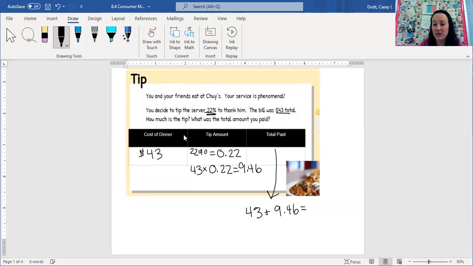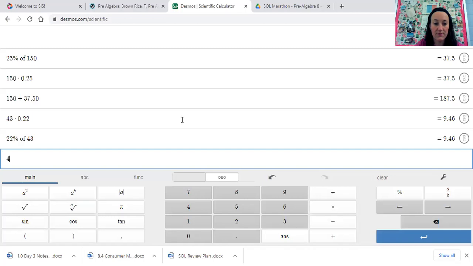So when we add those numbers together, and notice this time, guys, we are not multiplying. This is dollars and cents, not multiplication. So going back to Desmos, we've got $43 plus $9.46. We are paying $52.46 altogether for our meal.